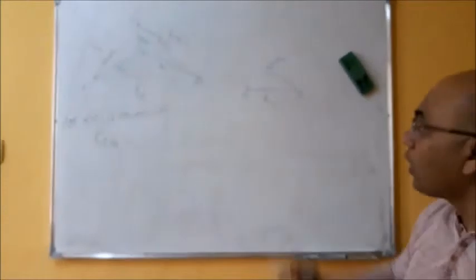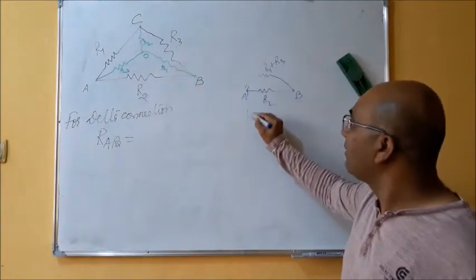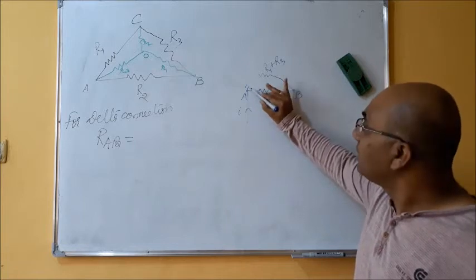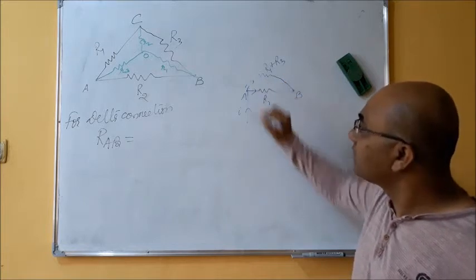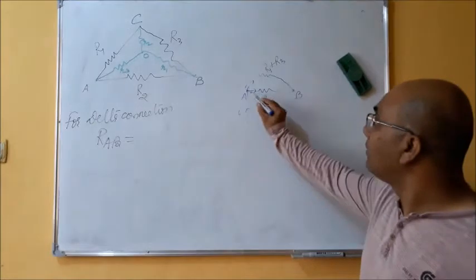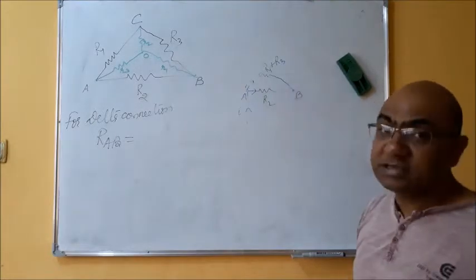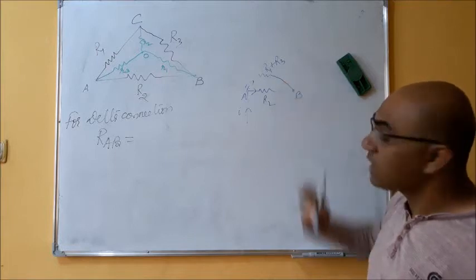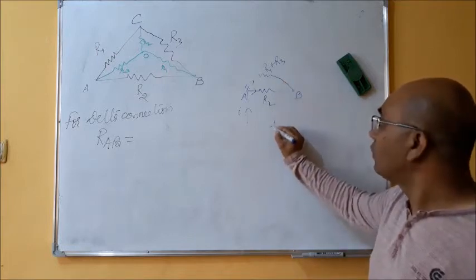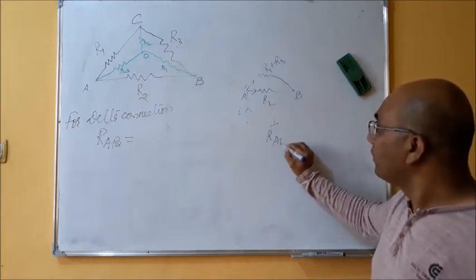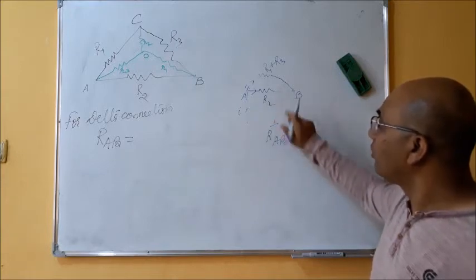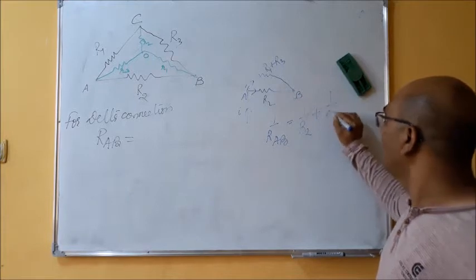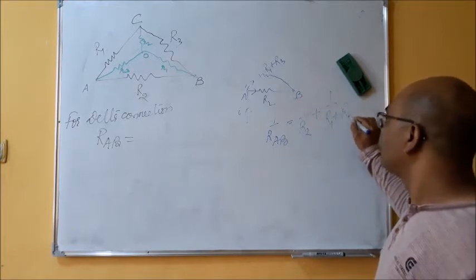Now again you see, I am assuming that current I is flowing like this. The current will distribute in these two branches, while the voltage across these two points will be the same. So this and this are in parallel. So what is the value of resistance? 1 upon Rab is 1 upon R2 plus 1 upon R1 plus R3.